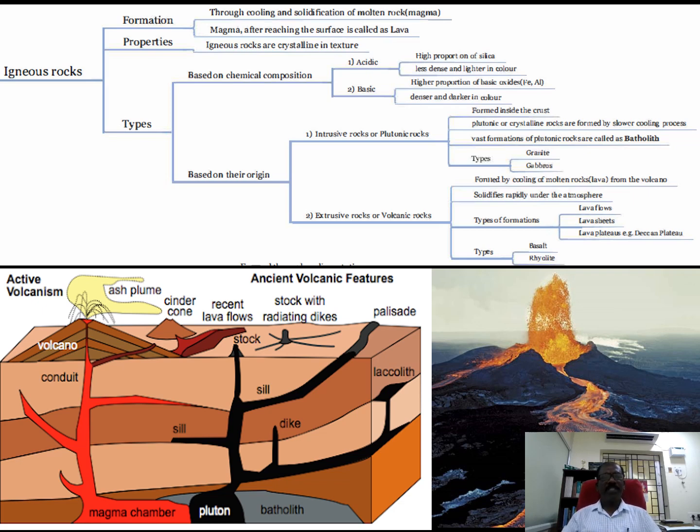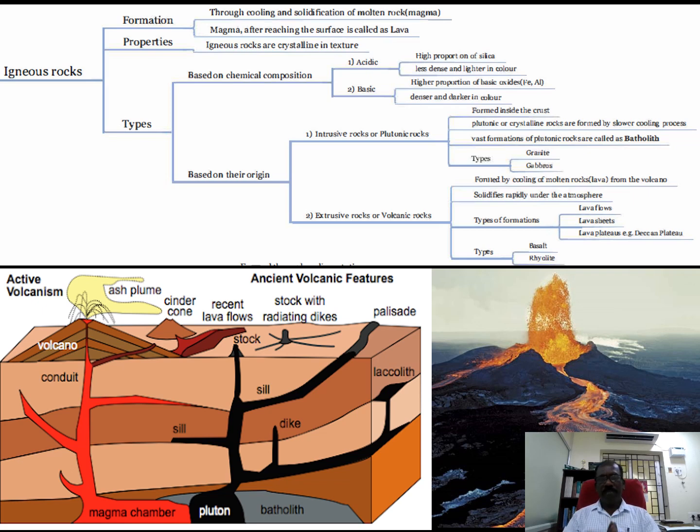The major property of these rocks is that they are crystalline in texture. When this molten material comes over the surface of the earth, it is called lava. But when it is inside the earth, it is known as magma. This magma gets compacted and cemented, and then it forms rocks over a long period of time.